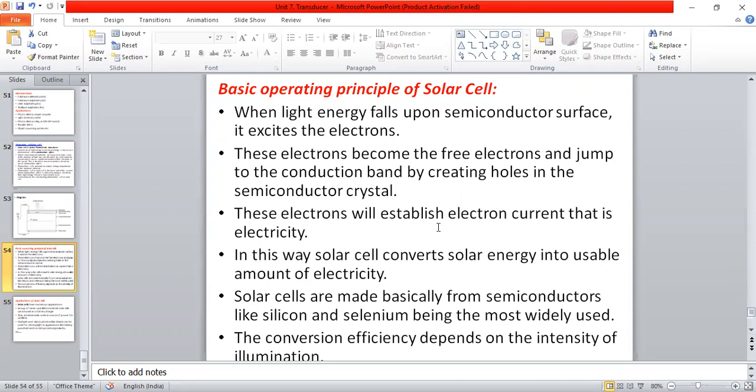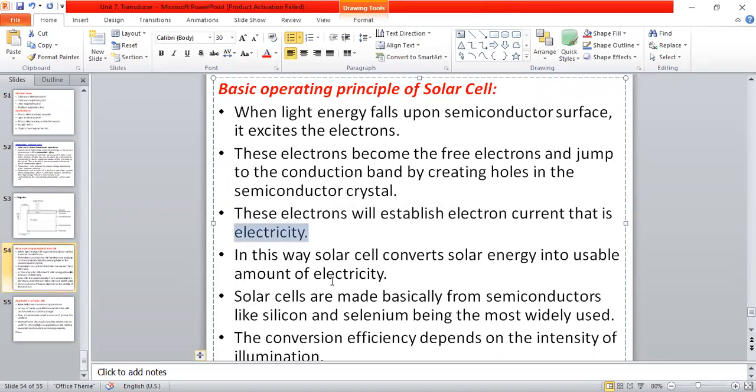These electrons will establish an electron current, which is nothing but electricity. In this way, a solar cell converts solar energy into a usable amount of electrical energy.